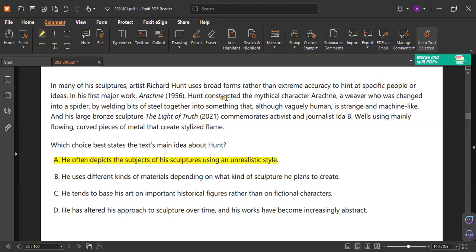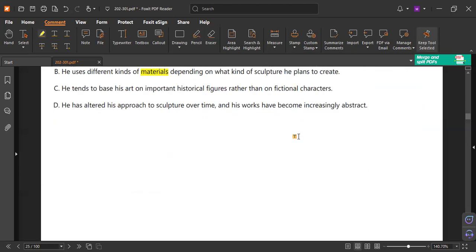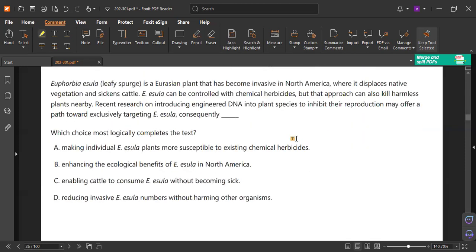Look, as he mentioned here, physical, and he said here, it was changed by welding, and used strange and vaguely human, something not real. Yeah, that is right. So B and C and D are not discussed in the passage. He didn't mention that he used materials based on what kind of sculptures, not supported in the text. So B and C not supported. Okay, what next?